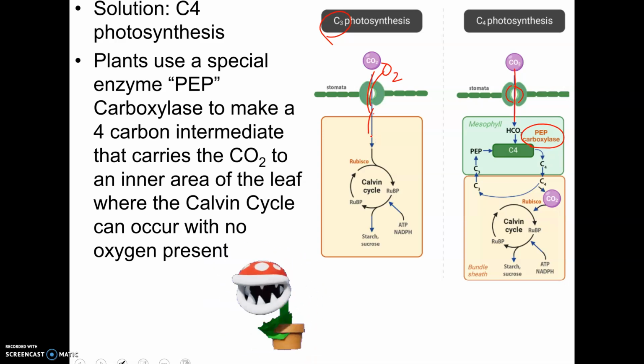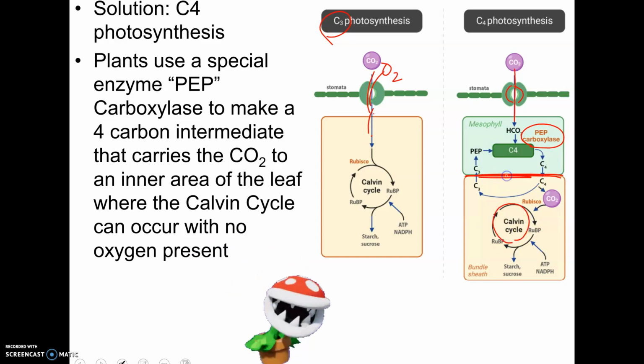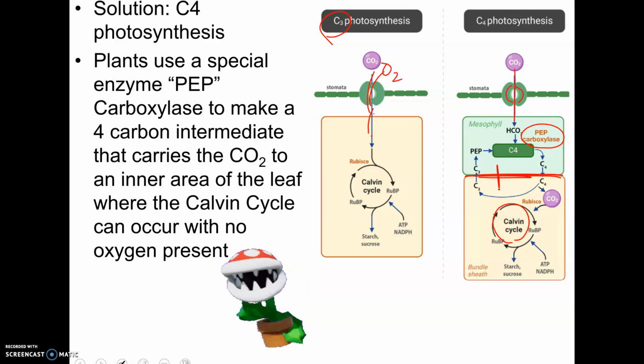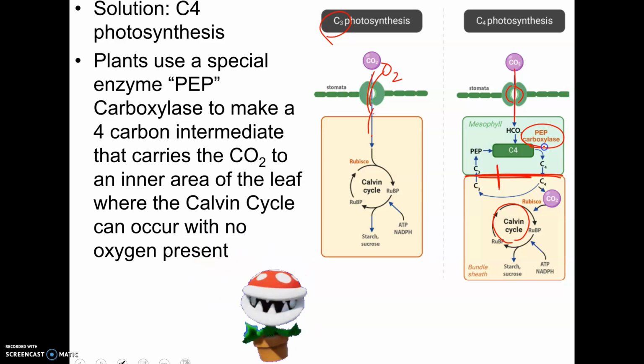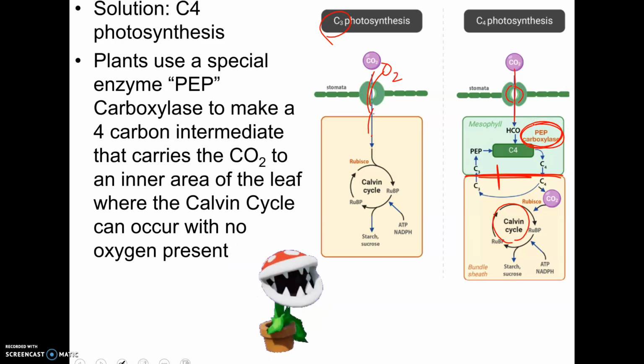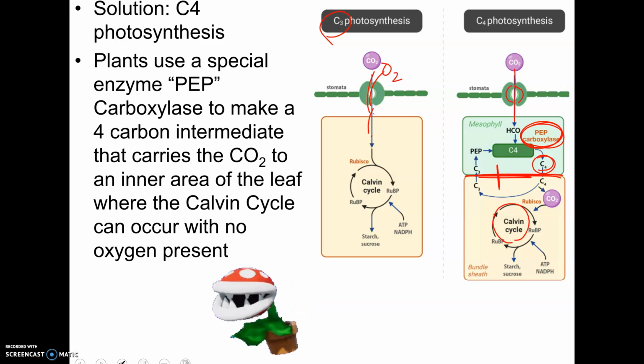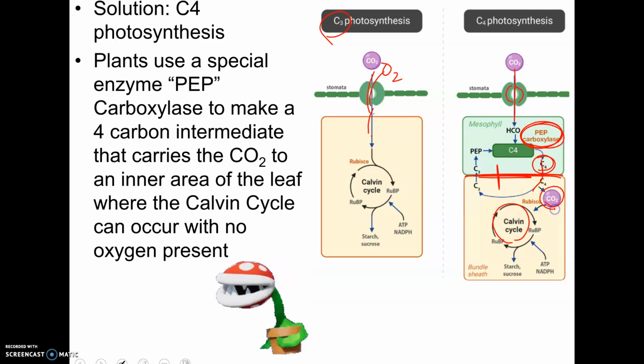In a C4 plant, the plant is modified so that the Calvin cycle happens in an area further inside the leaf. And instead of the carbon dioxide going straight to the Calvin cycle, it bonds to this enzyme called PEP carboxylase instead, making a 4-carbon compound called PEP.